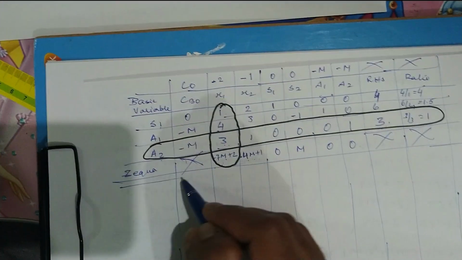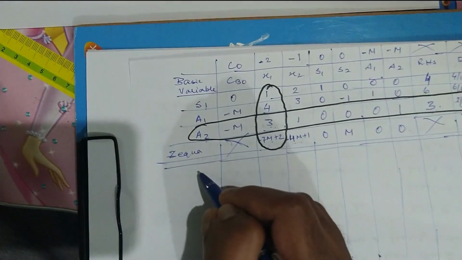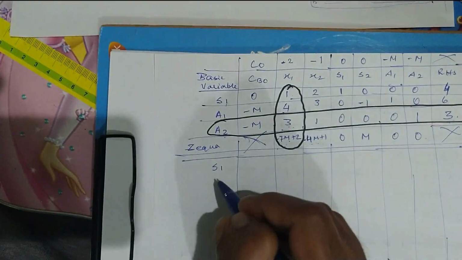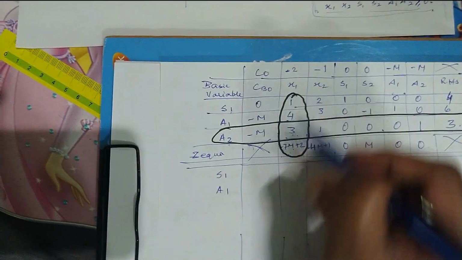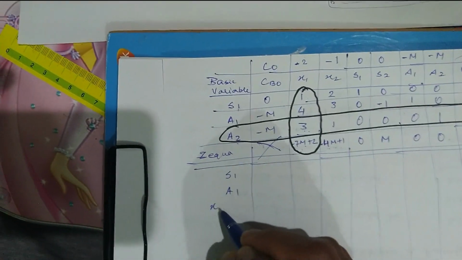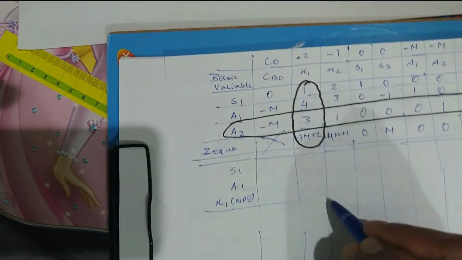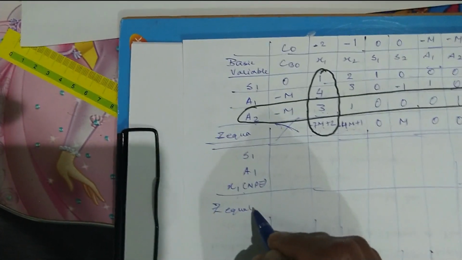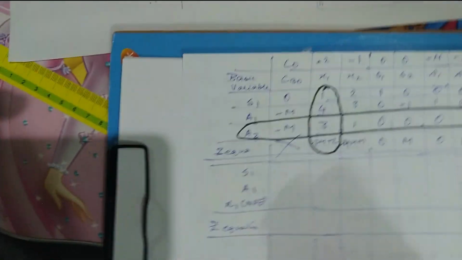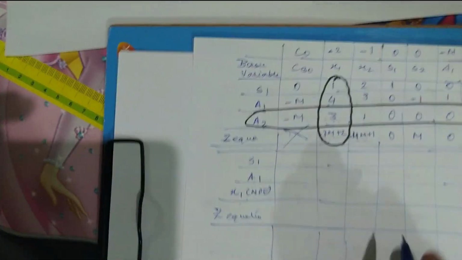Now we get into the next iterative table, wherein S1 is not yet replaced, so S1 remains as it is. A1 is not yet replaced, so it remains as it is. A2 is now replaced by X1, so I'm going to write X1 here, and this is the key pivot element row.